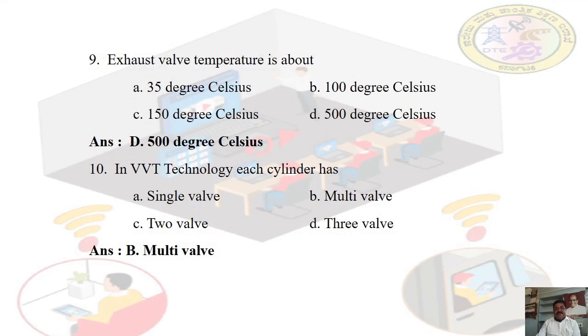Next question. The exhaust valve temperature is about: option A, 35 degrees Celsius. Option B, 100 degrees Celsius.